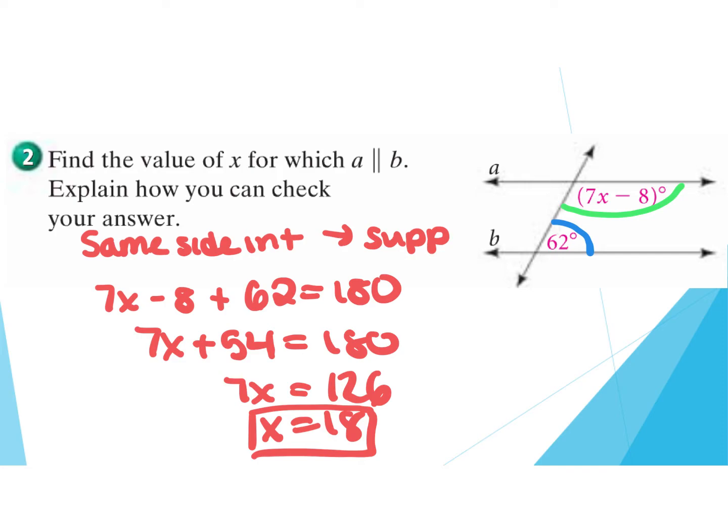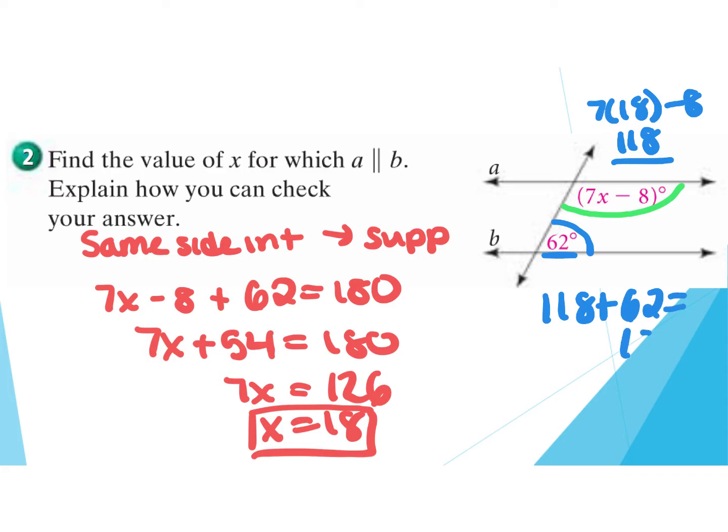Now to check our answer, we can plug the angles back in. So if I plug in 7 times 18 minus 8, it gives me a measure of 118. And if I combine the 118 and the 62, it gives you 180.